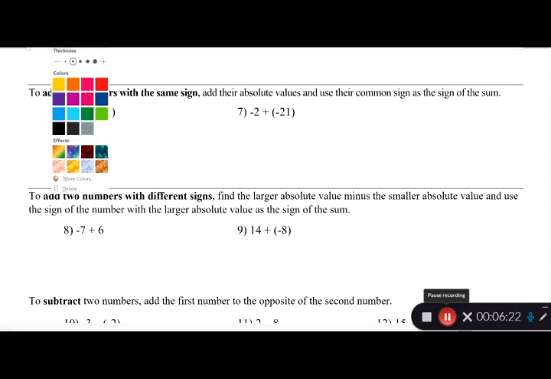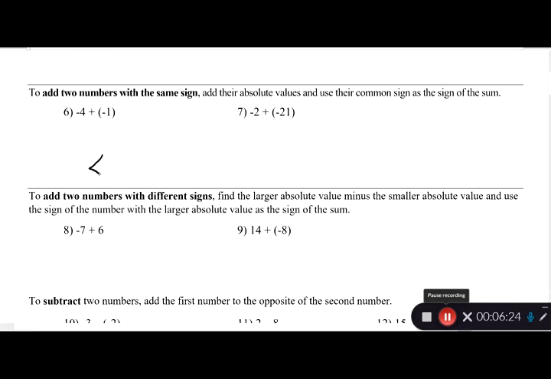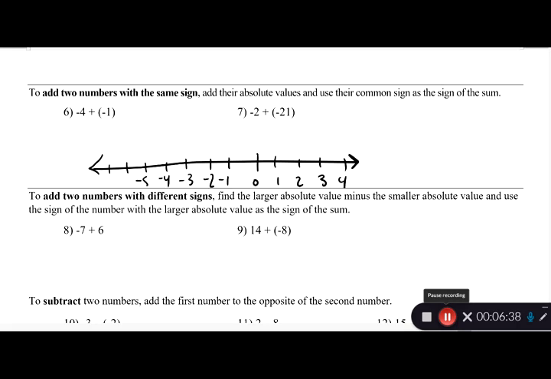So if we go back to the number line, all right, so we had -4, right? We're starting at -4. And we want to add a -1, so we want to go more negative.